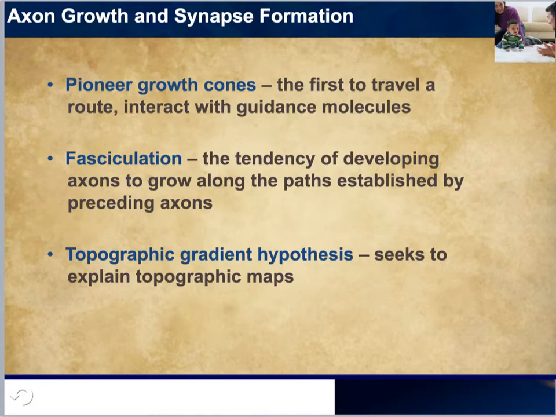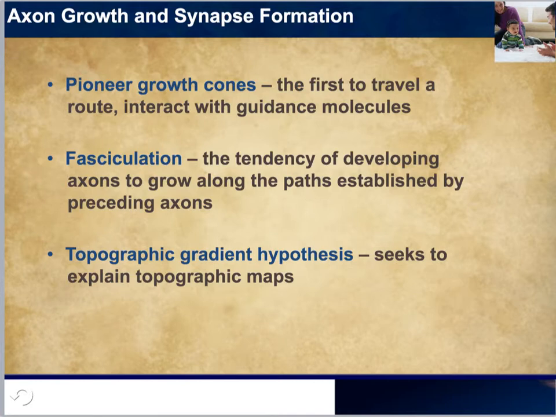And the third understanding of this is that there is a hypothesis that seeks to explain how it is that our maps are laid out in a topographic fashion. That is to say that our eyes seem to be consistent from the retina to the geniculate to the thalamus, and they do not seem to fluctuate or vary much.